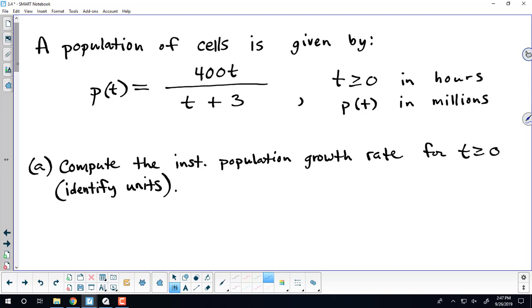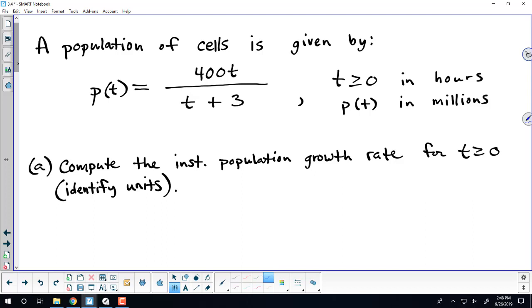So here's an actual application. We're given the population of cells given by P of t, where t is in hours and P of t is in millions. Question A says compute the instantaneous population growth rate for t larger than or equal to 0 and identify the units.